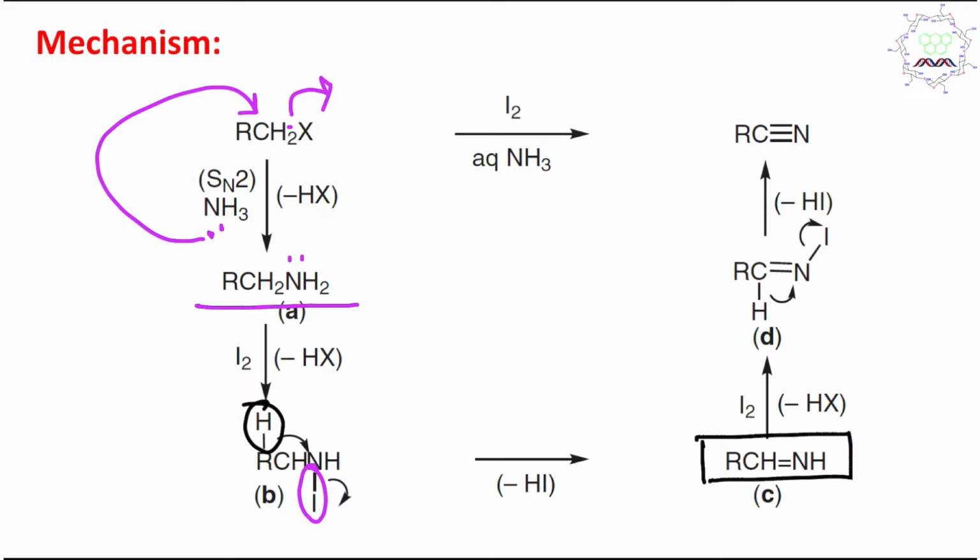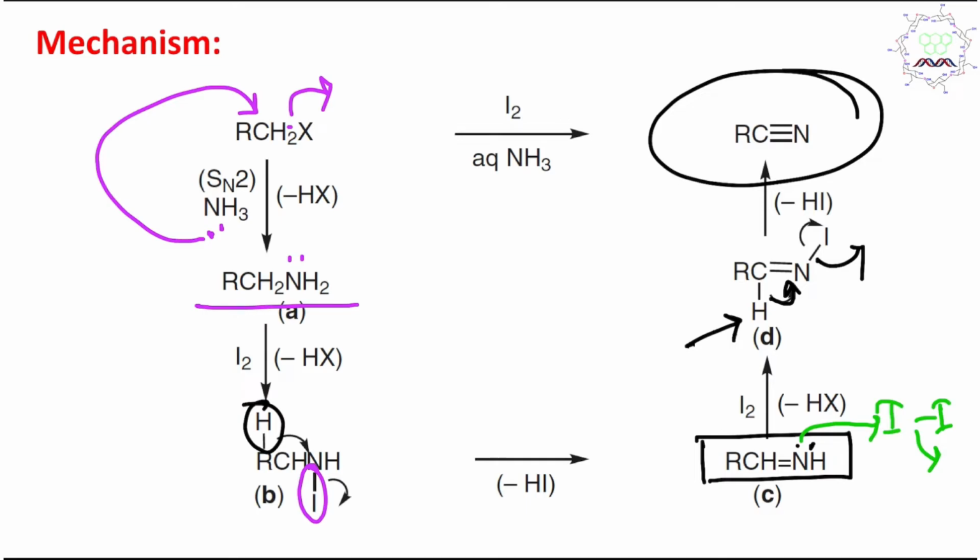In the second phase, this nitrogen also has one lone pair of electrons, so it can react again with iodine. So in this way it will produce this nitrogen-iodine bond. In the next stage this proton will be abstracted, and it will leave, and in this way it will produce nitrile. So this is an interesting example, iodine mediated oxidation of alkyl halide to nitrile. Very interesting, I like it.